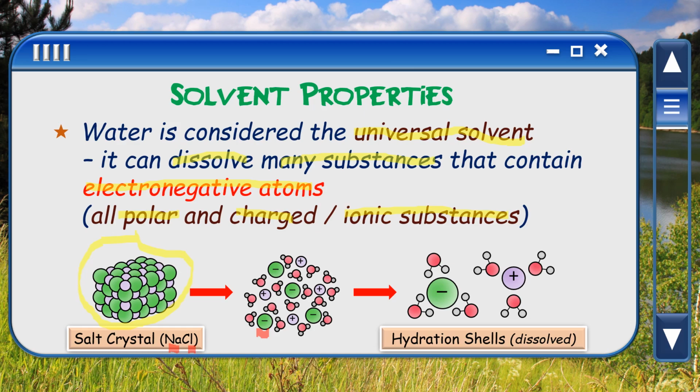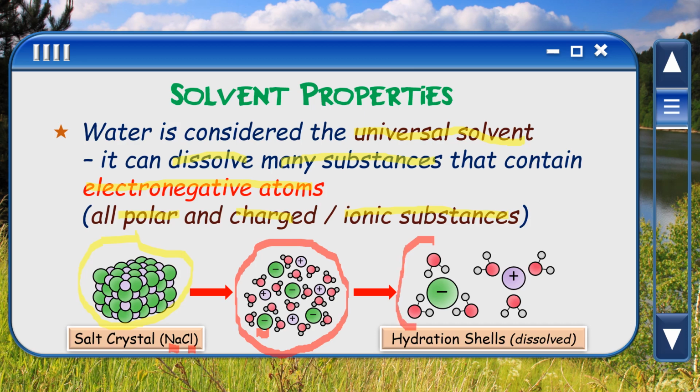By doing this, the positively charged sodium ions and the negatively charged chloride ions are separated from each other by the water molecules, and that separation causes the sodium chloride to dissolve in water.